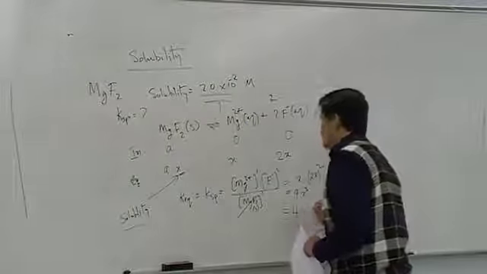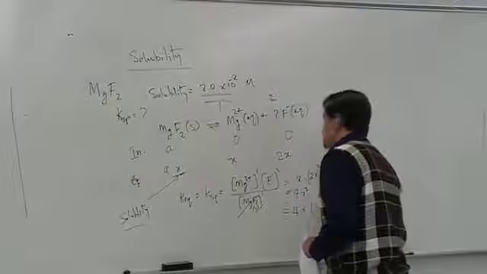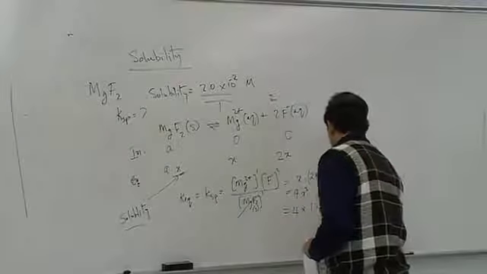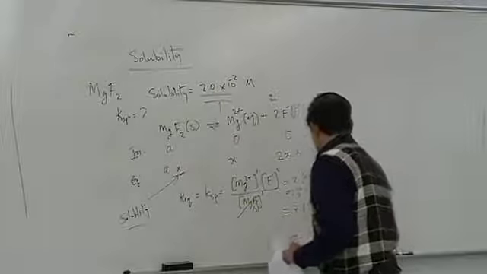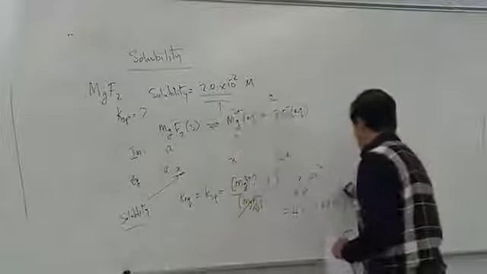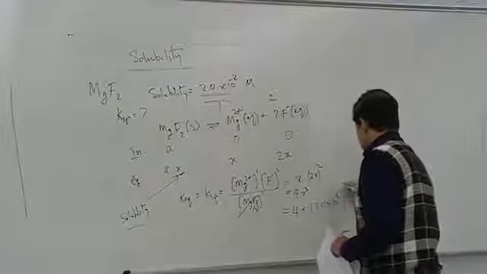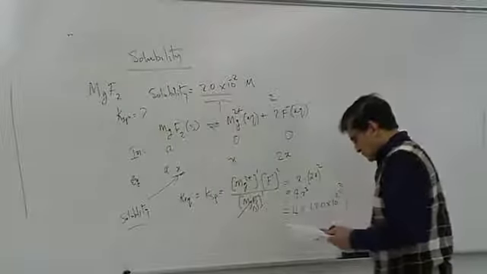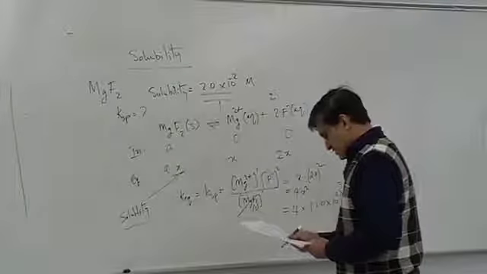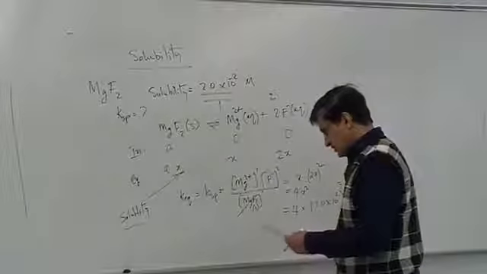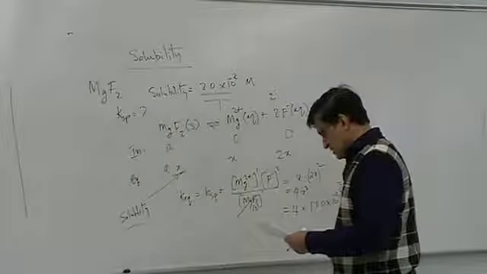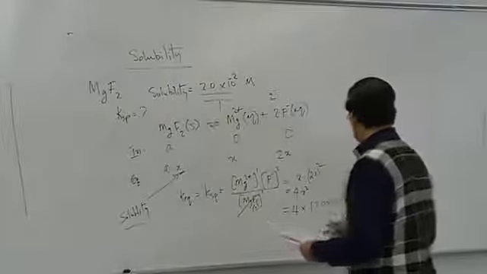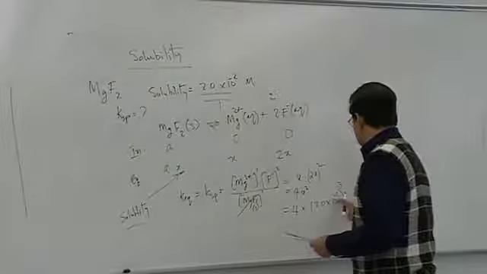4 times 2.0 times 10 to the negative 2 squared. I'm sorry, that's going to be cubed. So in this case, you're going to see there's 4X cubed, and it's going to be 10 to the power minus 6.